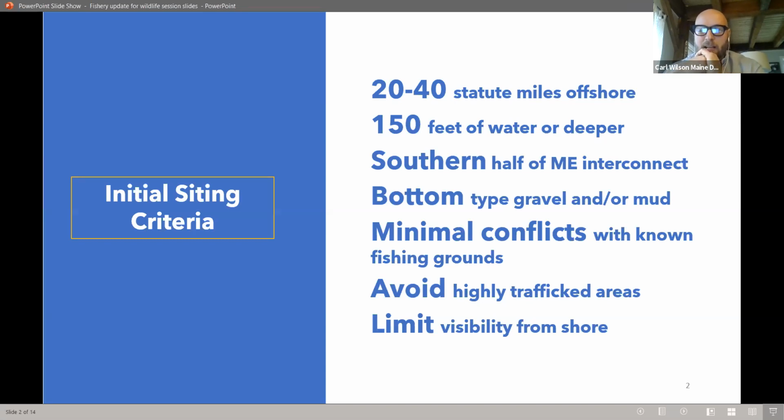So just stepping back a little bit, some of our siting criteria that we are looking at is, again, 20 to 40 miles offshore in 150 feet of water or deeper. We're looking in the southern half of Maine, and this is relative to the two likely connection points.